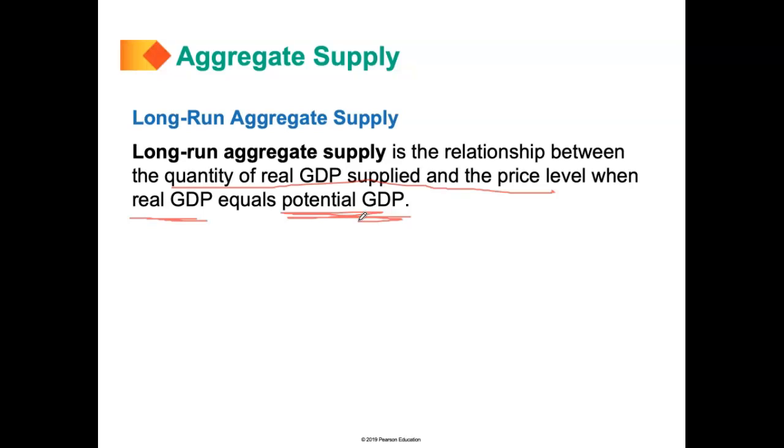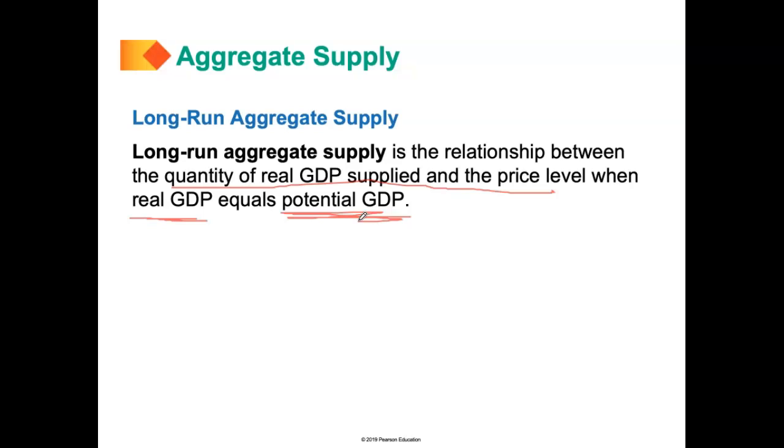Remember, potential GDP is the maximum output a country can produce if it decides to employ all its resources: all its machinery, all its land, all its labor, every single resource. That is the maximum amount of GDP the country can produce.